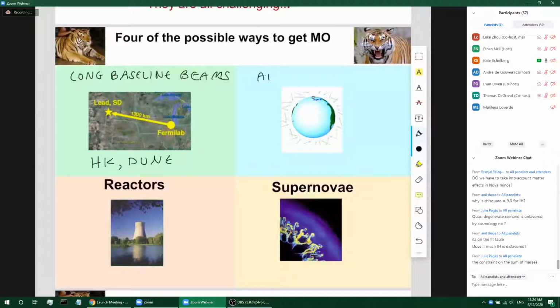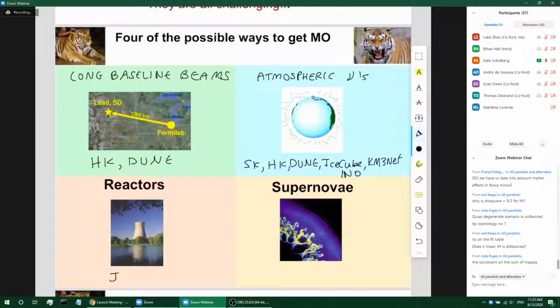There's also information still to be had from atmospherics, and in fact, all the existing detectors will be able to go after it. Also IceCube, at the South Pole, has good sensitivity to atmospheric flux. KM3NeT is another very large such detector. INO is another one. So there's actually plenty of possibilities there.